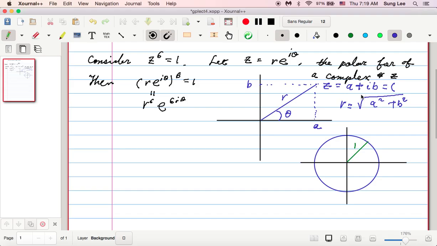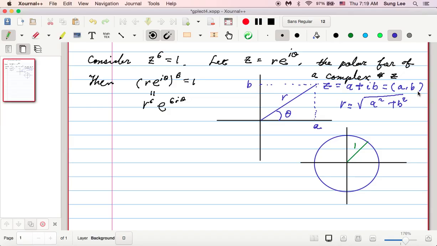In the complex plane, this point is written as a plus i b, but in R2 it is the point given by the ordered pair (a, b) in Cartesian coordinates.